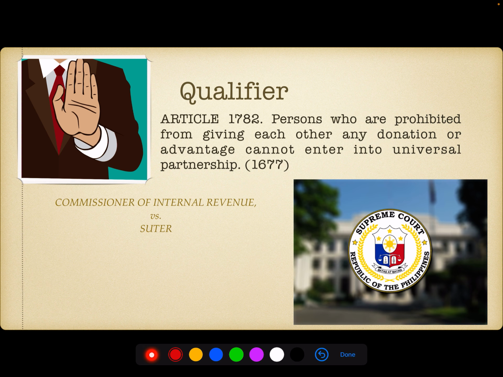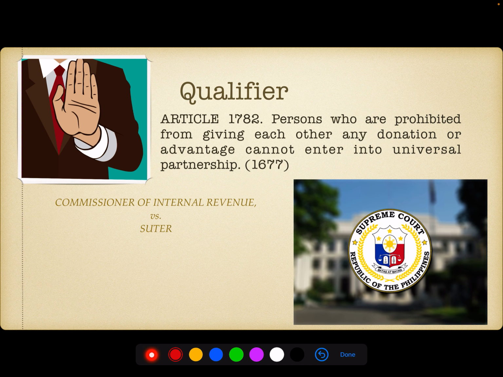They were assessed deficiency taxes because the commissioner said that they should consolidate their income from the partnership and their personal income into one ITR and not treat it separately. Now, the Court of Tax Appeals reversed the assessment. The Commissioner of Internal Revenue, however, insisted that the income from the partnership should be reported as the individual income of the spouses.